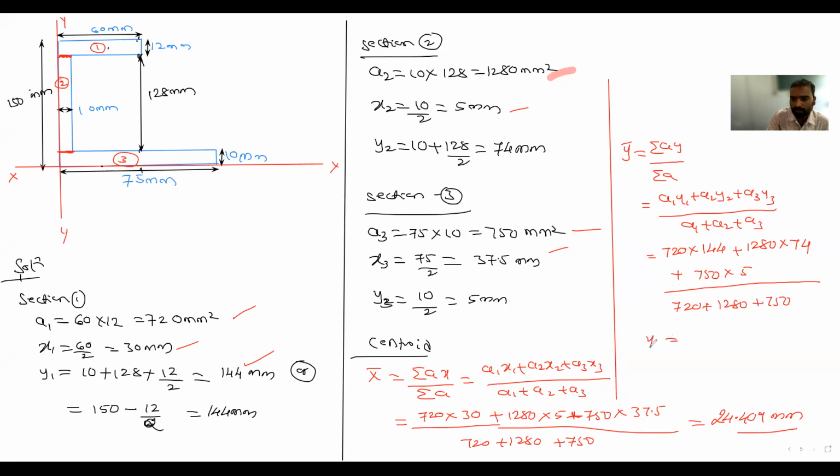So you will get Y bar equal to 73.5 mm. So these are the answers for X bar and Y bar. Is there any doubt? Is it clear?